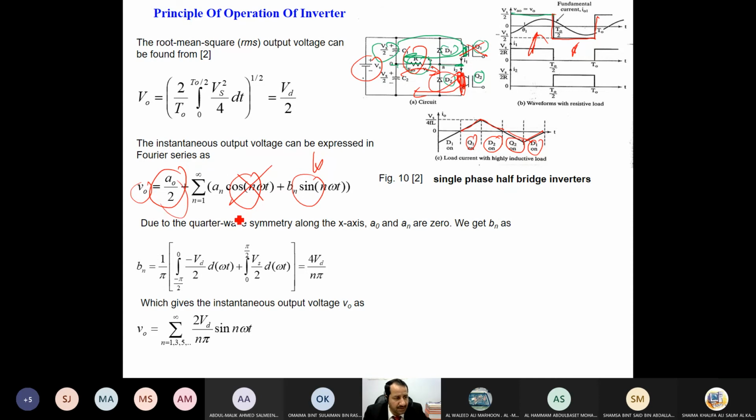So only the average, as I mentioned, plus the sine element, represented by the integration of the signal from minus pi over 2 to pi over 2, a full period. It will be integrated, so we get 4 over pi, as you can see here.